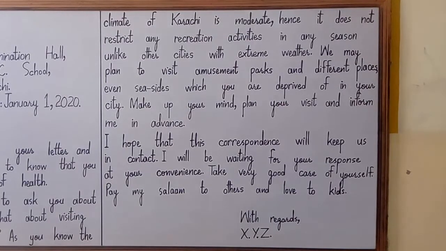And weather means the state of atmosphere as regard heat, cold, dryness, windy, rainy, etc. So weather can be dry, it can be cold, it can be hot, it can be windy, and weather can be rainy. So weather has different conditions. While the permanent condition of weather in any area or a city is called climate.